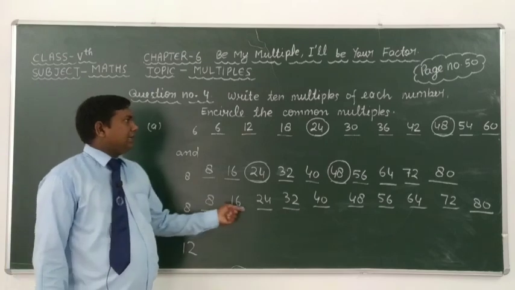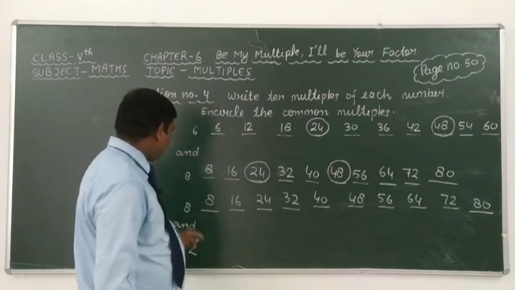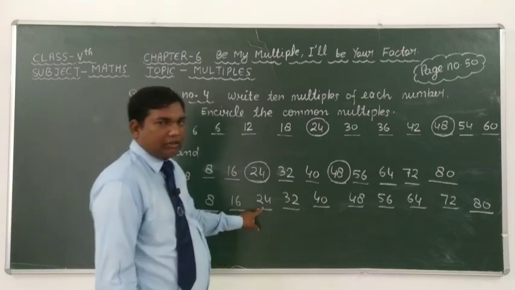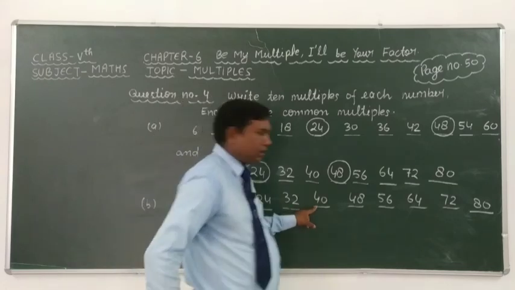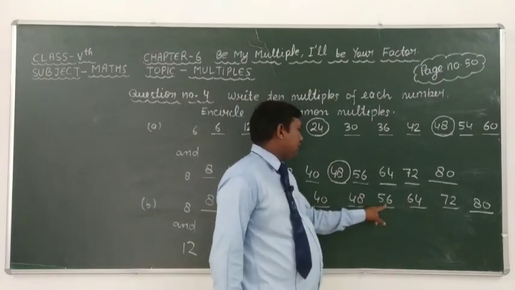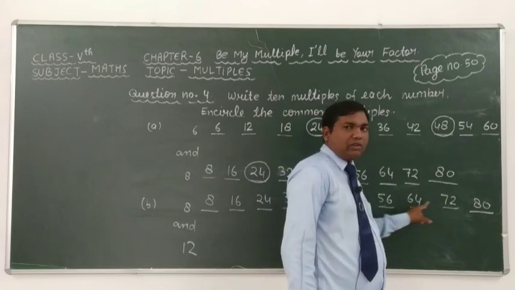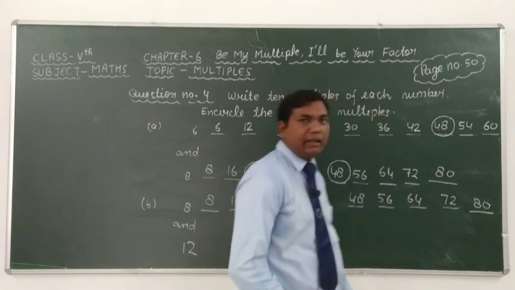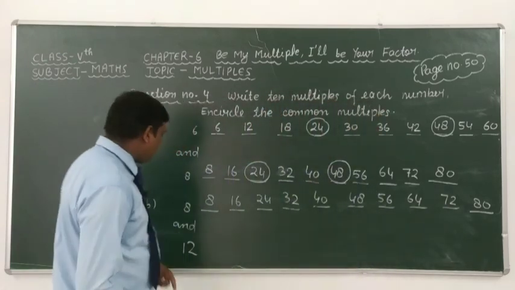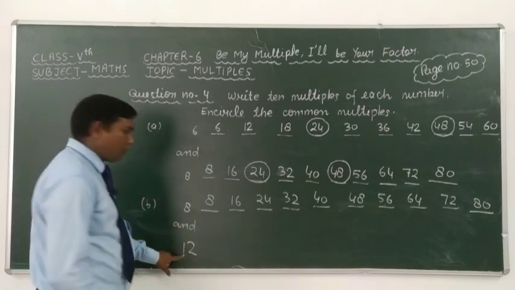Here we can write 10 multiples. 8 1 is 8, 8 2 is 16, 8 3 is 24, 8 4 is 32, 8 5 is 40, 8 6 is 48, 8 7 is 56, 8 8 is 64, 8 9 is 72, and 8 10 is 80.